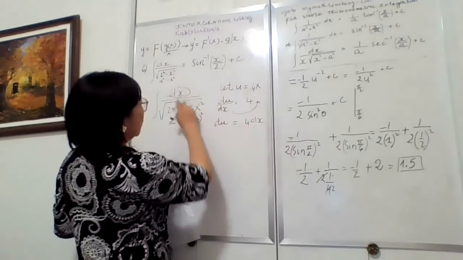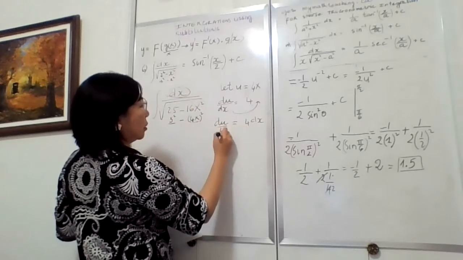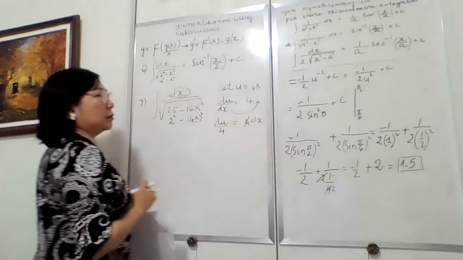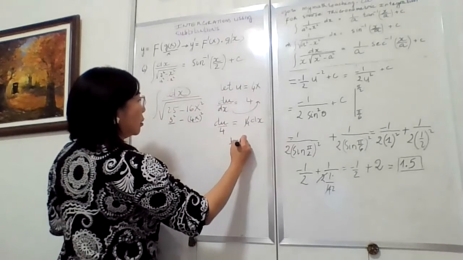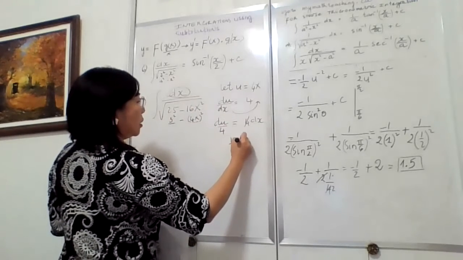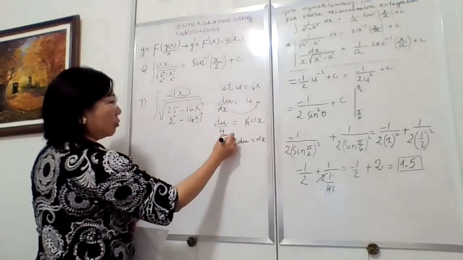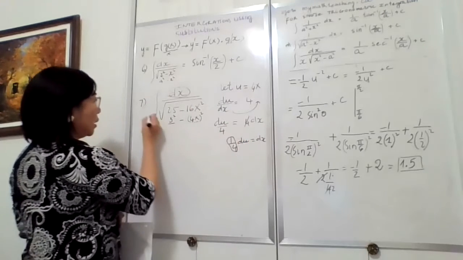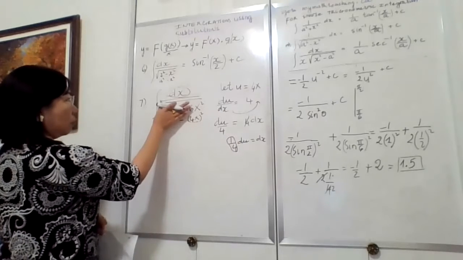So how do we solve for dx? To solve for dx, you bring the number 4 down here and cancel it. So basically 1 over 4 du equals dx.